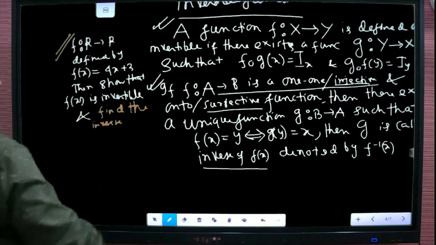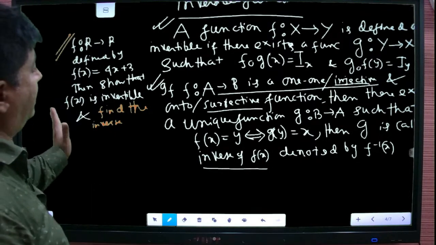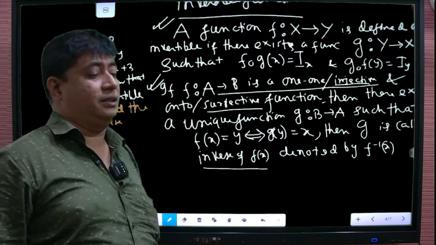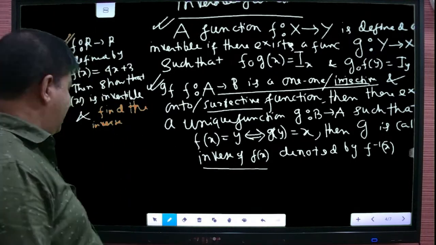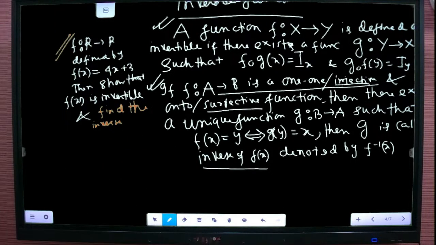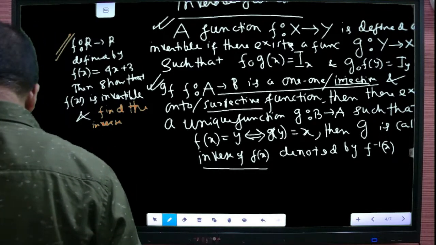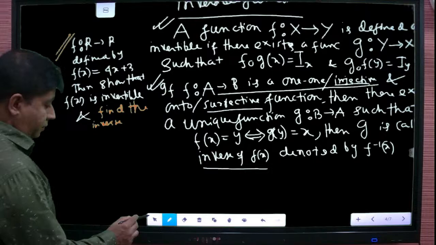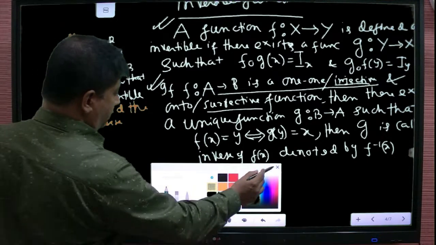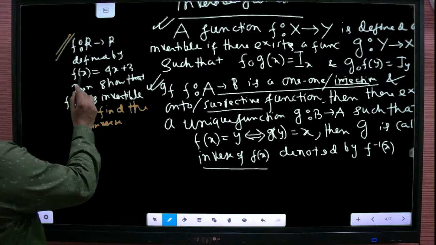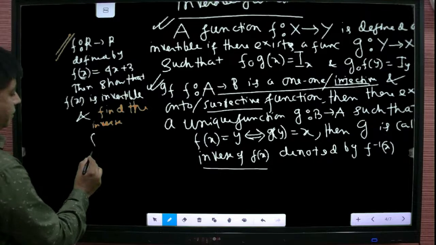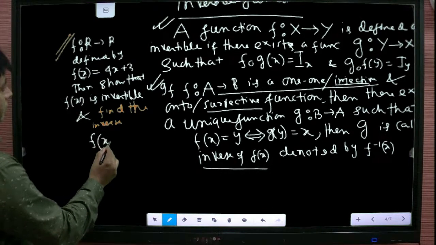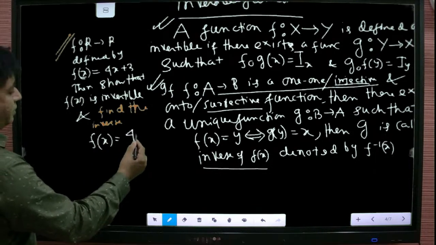Now in this sum we will proceed along with the definition. First of all, f(x) is 4x plus 3.